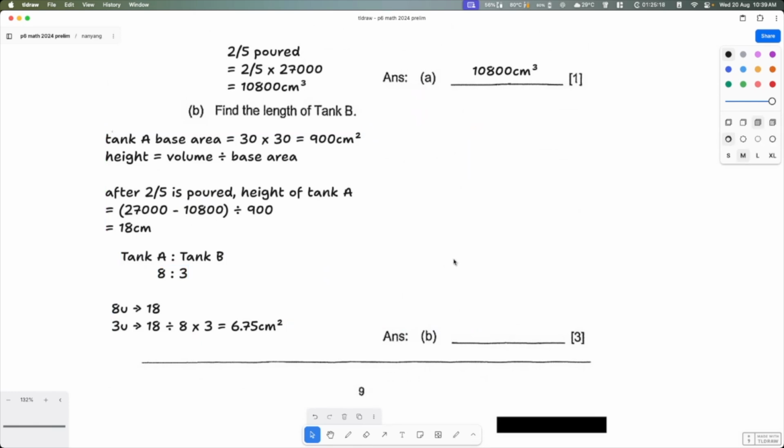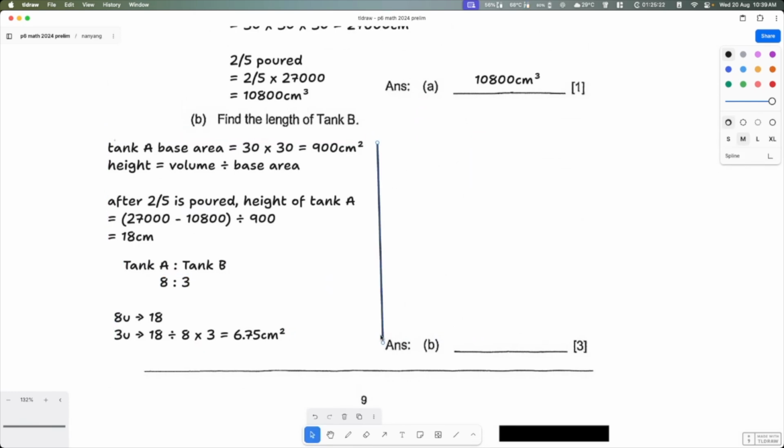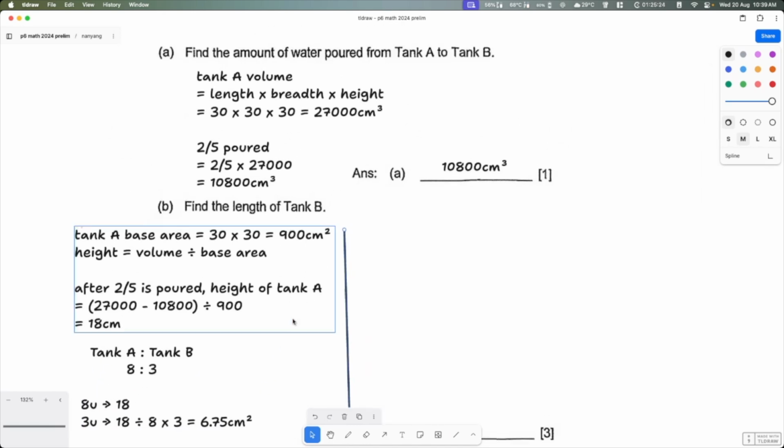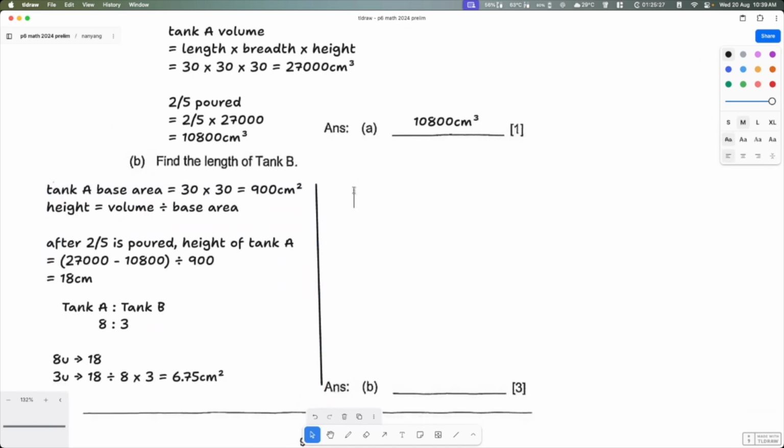Now that we know the height, we can also know the base area. Base area is equal to volume divided by height, and then length is equal to the square root of the base area.